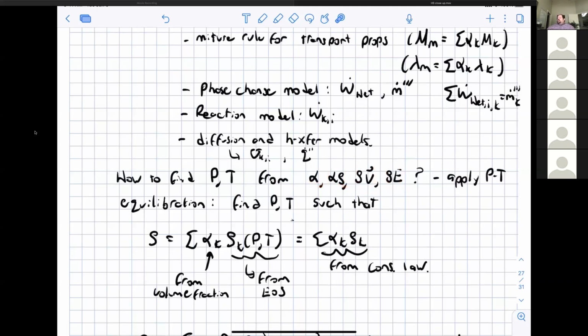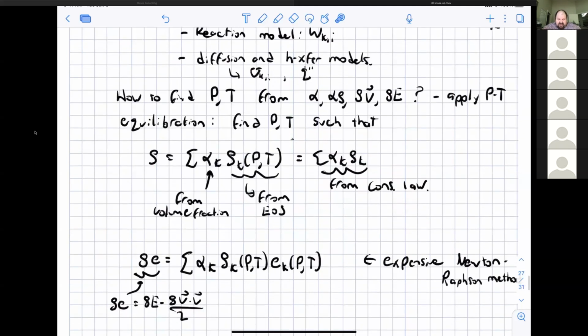Well, we apply our assumption of pressure temperature equilibrium, and then find a common pressure and temperature such that our mixture density is satisfied. We can easily find the mixture density by summing up these quantities here, and we also know what the volume fraction is.